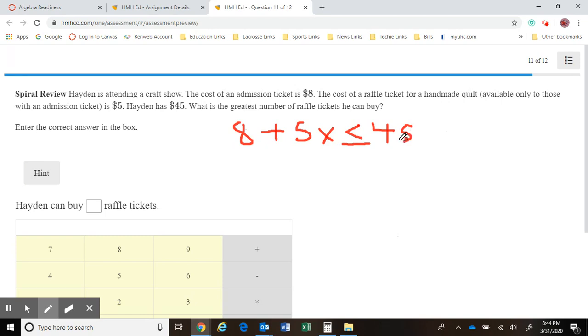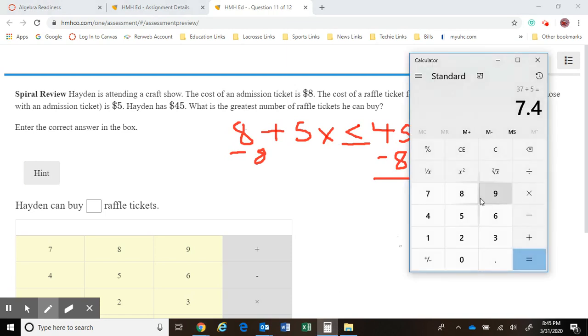And of course, I want to get that variable by itself, so I'm going to subtract 8 from both sides. For those of you playing at home, what's 45 minus 8? Oh, it's 37.